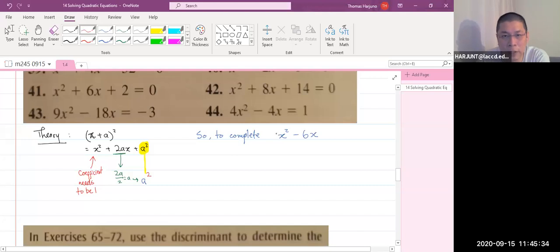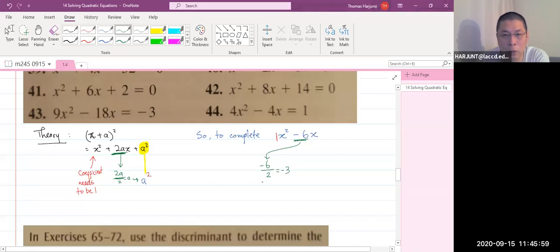Then you take the coefficient of x and divide it by 2. That's how you get your a. In this case, the a is 3.